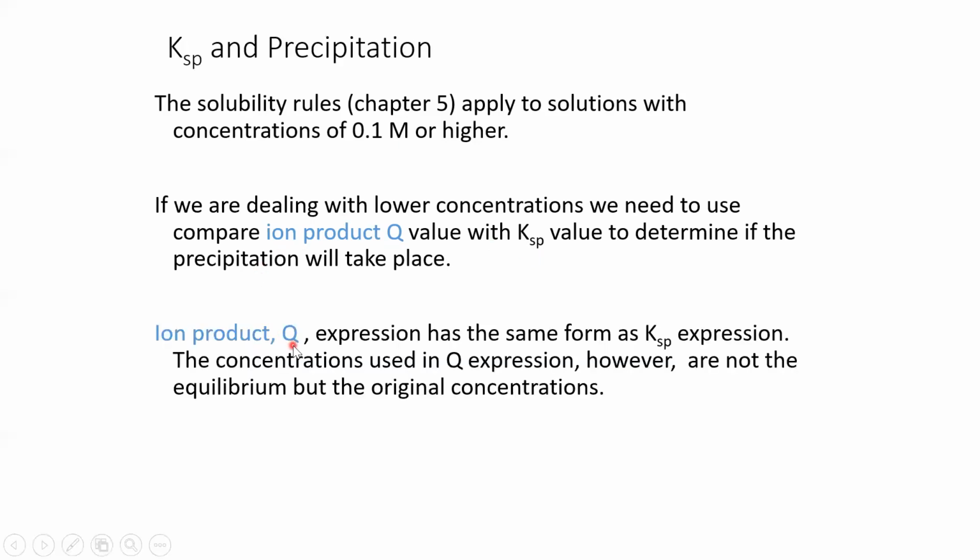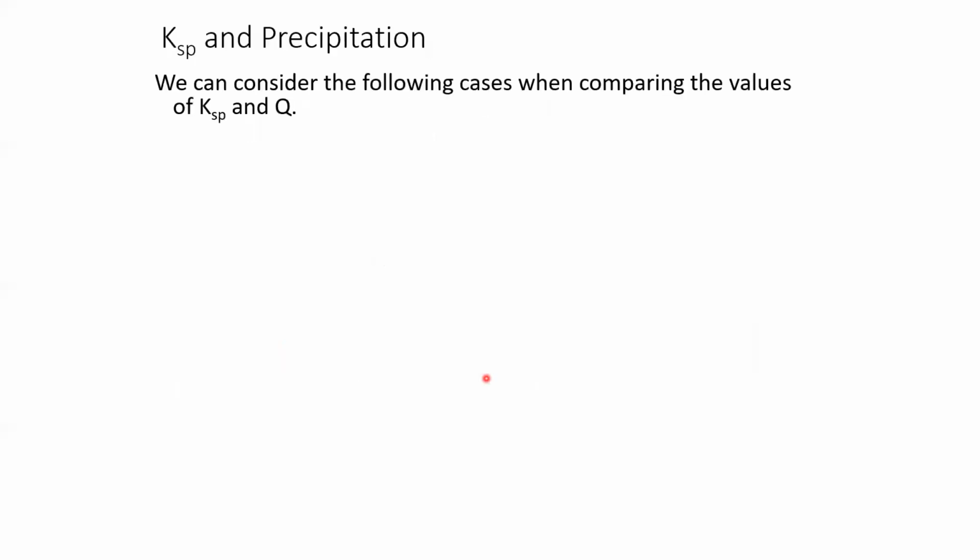When we calculate our Q value, our ion product, it's calculated the same way that the K value is calculated: concentration of the ions raised to the power of the coefficient in the balanced equation. And the concentrations we would plug in are not necessarily saturated solution values. So we've got a couple of scenarios.